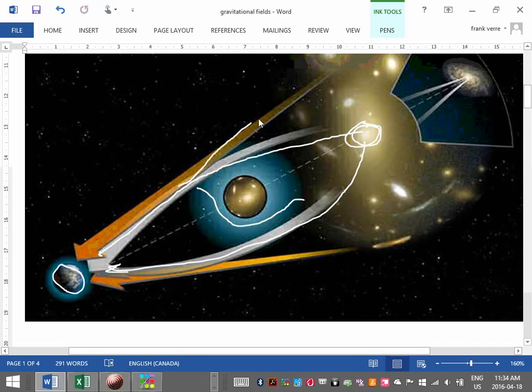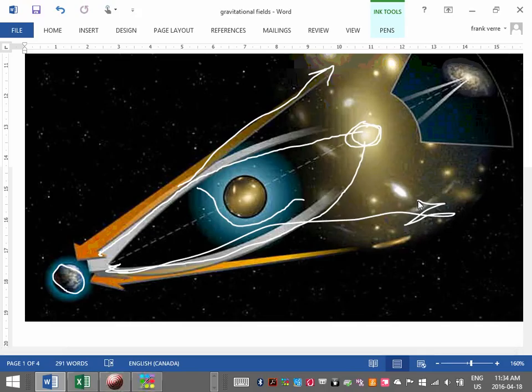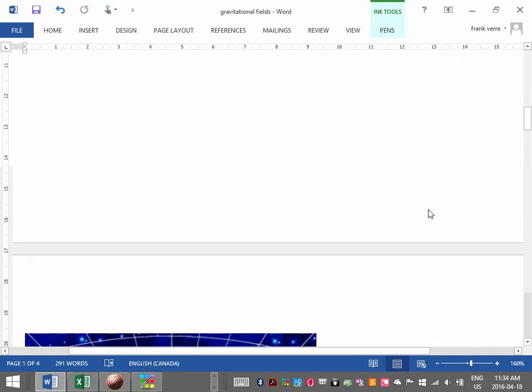You would perceive it to be over here, and you would perceive it to be in this location over here. And that was actually observed. And that actually proved that gravity is just this bend in space and time. So that's kind of cool. Thought I would show you that.